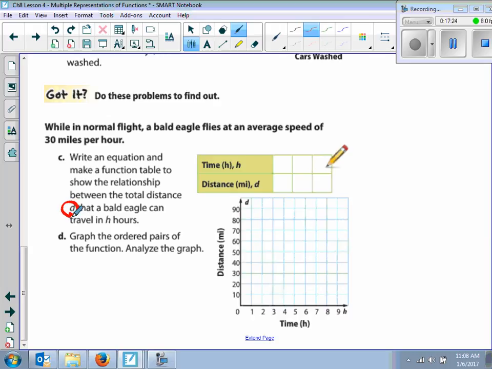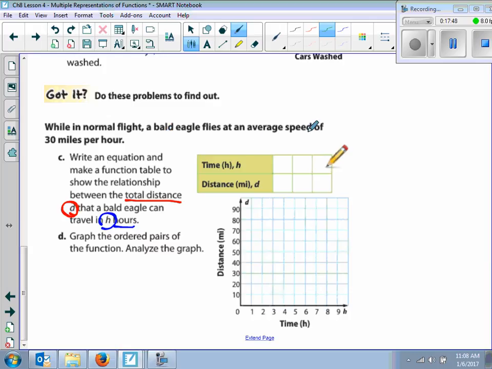Very good. So d is the total distance and h for hours. Very good. So, what's the equation going to be? We got to look at the words again to find out.